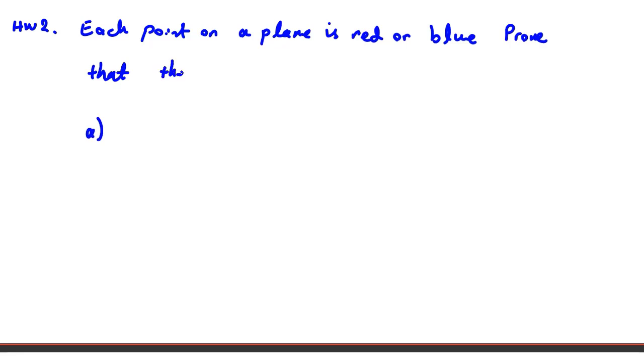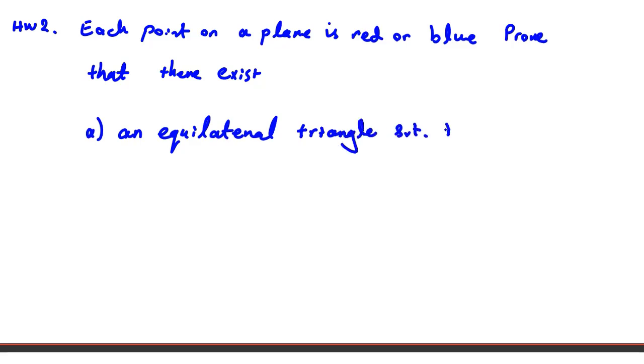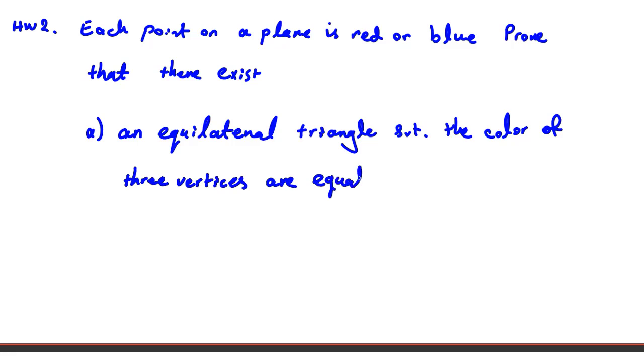Part A. There exists an equilateral triangle such that the colors of the 3 vertices are equal. For example, part B, a rectangle such that again the color of all vertices is equal.